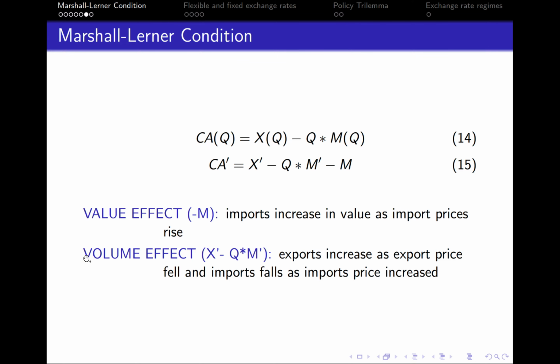On the other hand, the volume effect is associated with those two expressions. Because look, if we observe depreciation of our currency, the real exchange rate is going to go up. Of course, the same thing can happen as a result of changes in the price level.